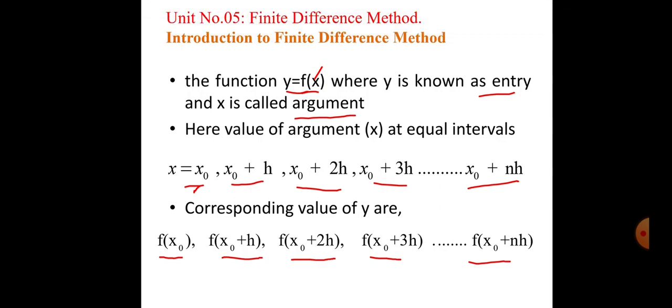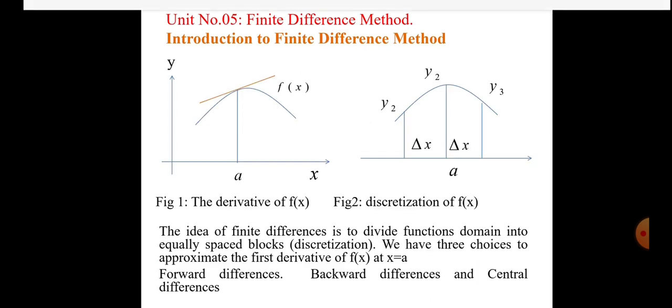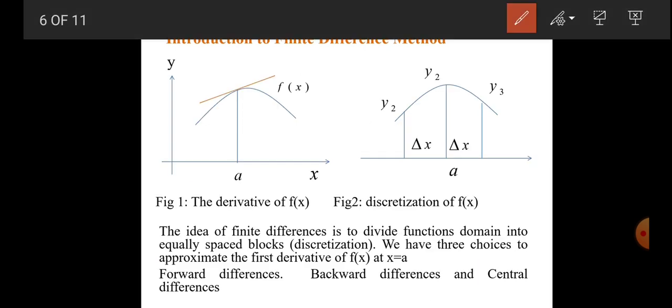So these are the values after the h interval up to the nth interval. Now the idea of a finite difference is to divide the function domain into equally spaced blocks, and that is called discretization.